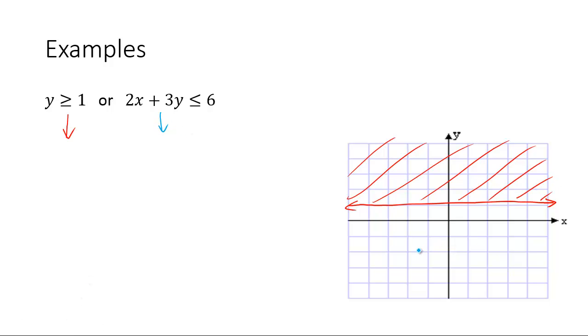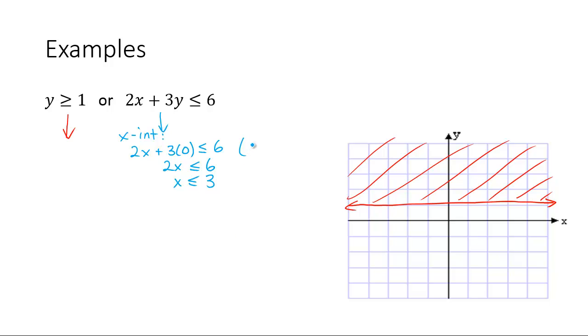Let's try this one. I think we need to solve this one for y. However, you could also do it by using the x and y intercepts. Let's try that actually. If you had to find the x-intercept, remember you would let y be 0 and solve for x. So that's 2x less than or equal to 6, so x is 3. This is actually just equal to because we're looking for the x-intercept point.